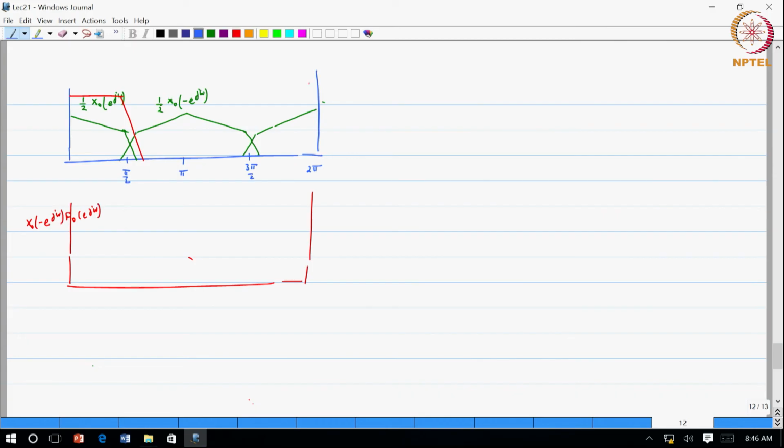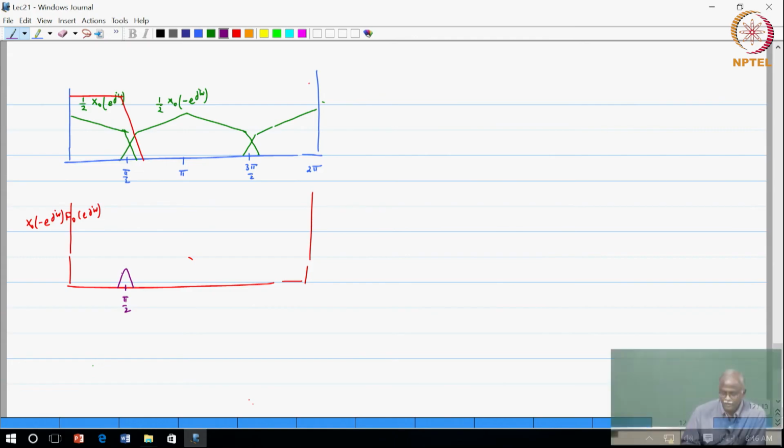Basically it is the intersection of this red filter with the green line, but the shifted version. So, what we get is something of the form, it is around pi by 2, I will get some sort of a bump. Okay. This is the unwanted portion that is coming through the upper branch, and of course, there is a similar copy of the filter on the other side. This is also the unwanted portion.